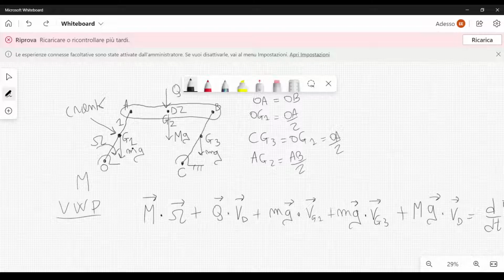Okay, so the mechanism is rotating in a uniform manner.